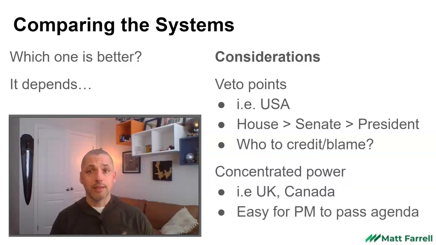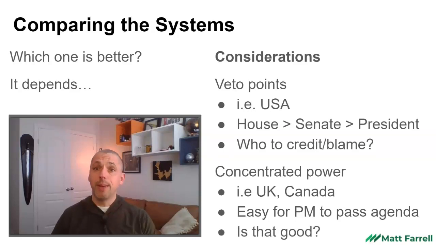They control cabinet and they control the largest party in the legislature, typically. It's easy for them to get things done. Is that good? Is that bad? Would a system with more veto points be better? It really depends. For different contexts and different places, different systems might work better.